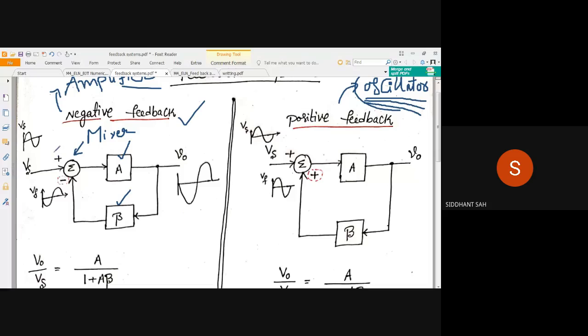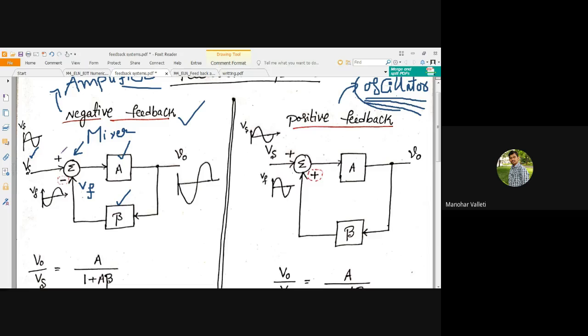The meaning of the signs is, if I am saying negative feedback in this system, it means the input signal Vs and the feedback signal Vf are 180 degrees phase shifted, then I can say that the system is using negative feedback.